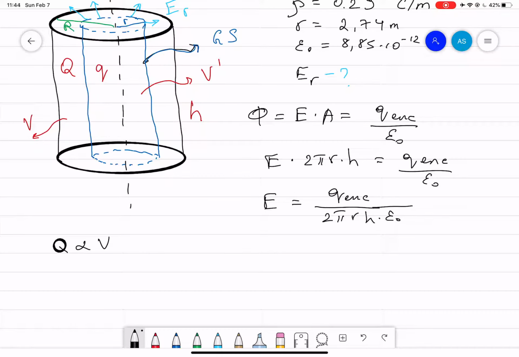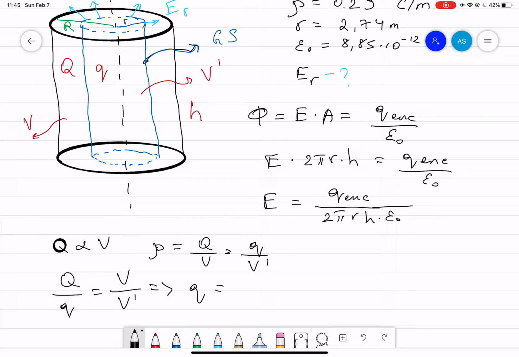And we also know that the charge per unit volume is equal to the total charge divided by the volume, or Q divided by V. So the total charge divided by the small charge inside this small r of the cylinder is equal to the total volume divided by volume dash. From here, we can find the small charge inside this small cylinder at a distance of small r. Q is then Q times volume dash divided by the volume, right?